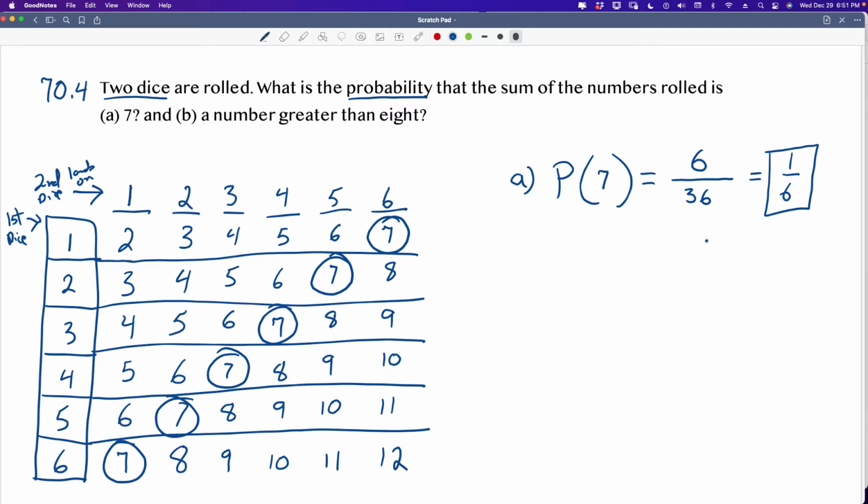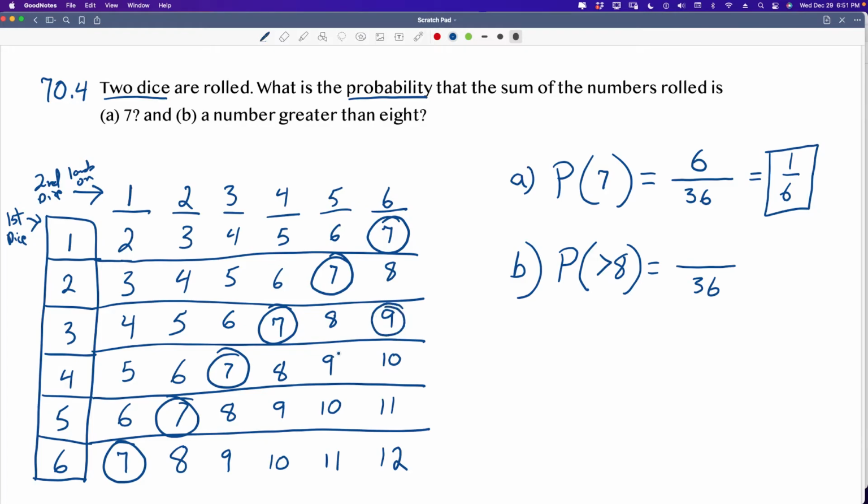Or 1/6. So now we have to look at the probability for B, that it will be a number greater than 8. So our event is going to be greater than 8. So again, we have 36 possible outcomes because we've already determined that. And now we have to look at the results that are greater than 8.